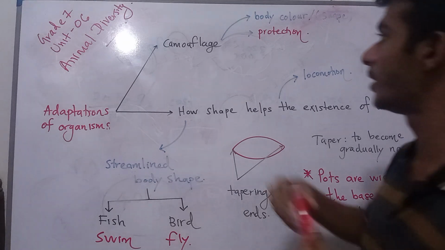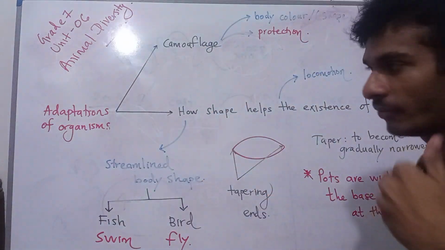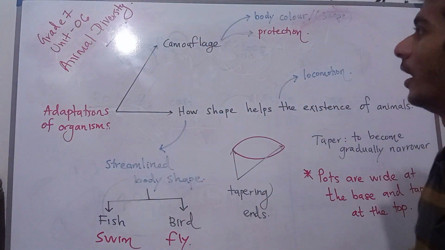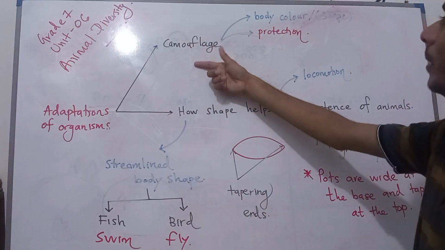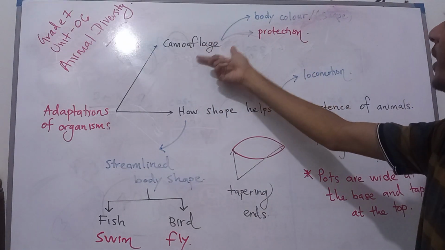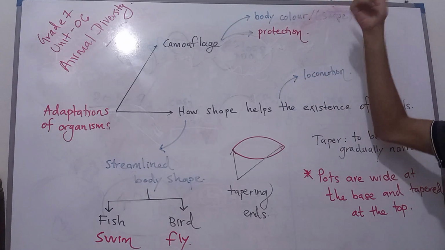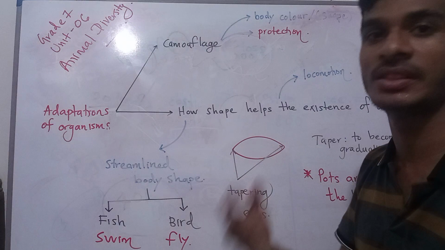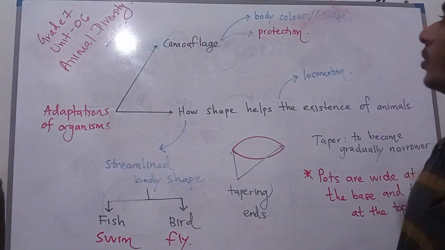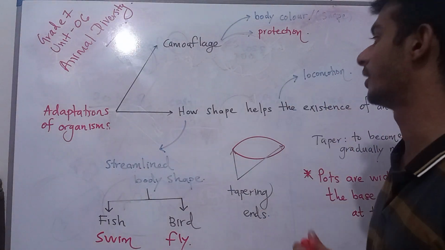So camouflage means simply hiding. Camouflage means the body color or the shape of the body blends with or resembles the surroundings. Camouflage is useful for protection.